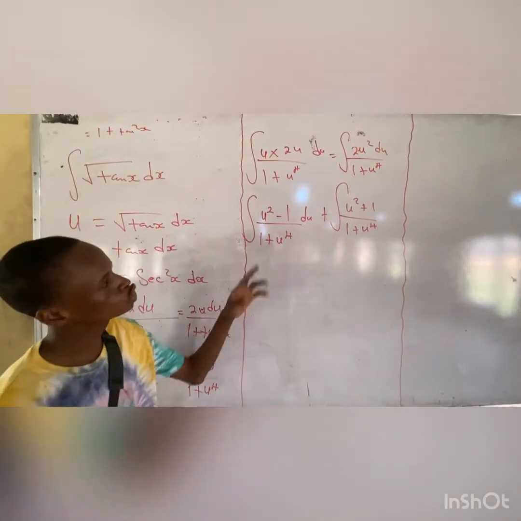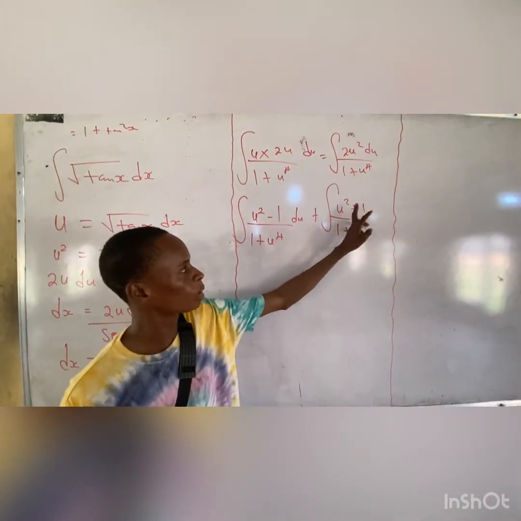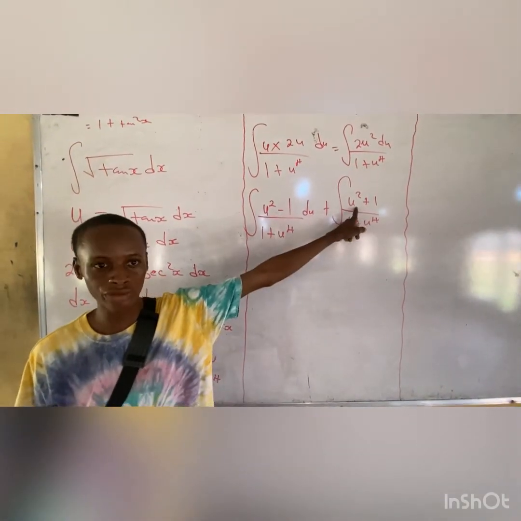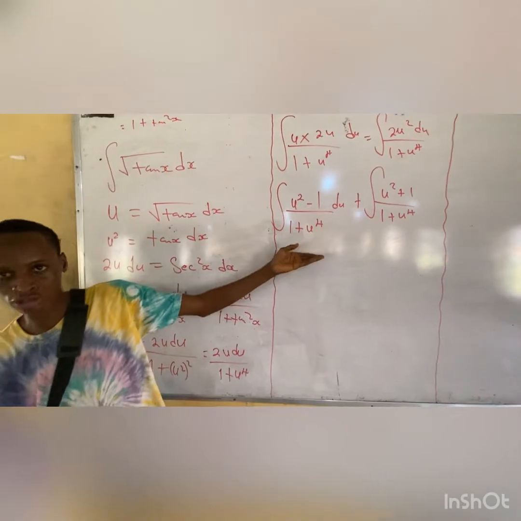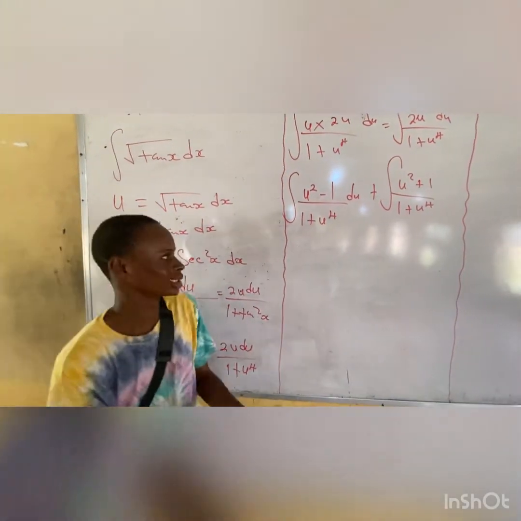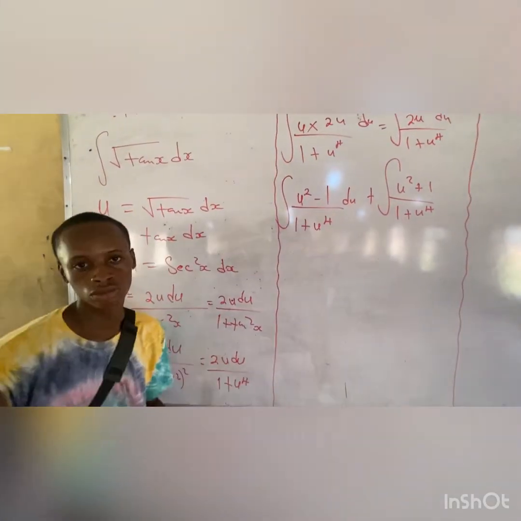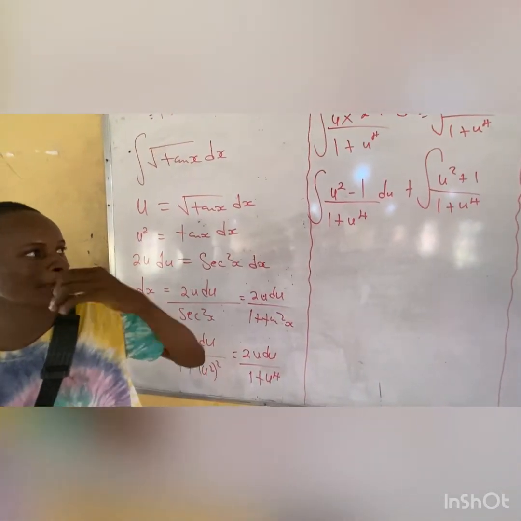Now you can see that in the numerator, u squared minus 1 plus u squared plus 1, the 1 and minus 1 give us 0, so 2u squared still remains. For fractions, the denominator will remain. Let's divide everything by u squared to make our work easier.